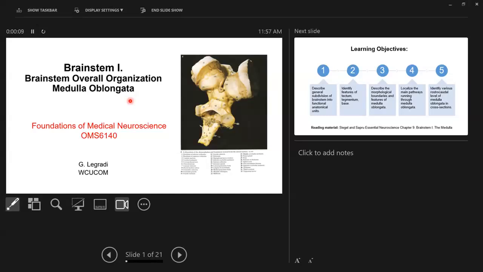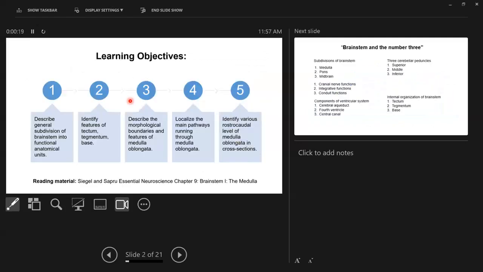We are introducing brainstem and also getting into the lowest part of the brainstem called medulla oblongata. Our reading material comes from Siegel and Sapru, Essential Neuroscience, Chapter 9, Brainstem 1, the medulla.